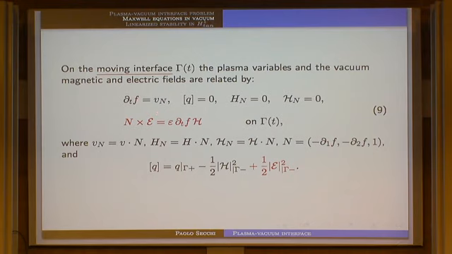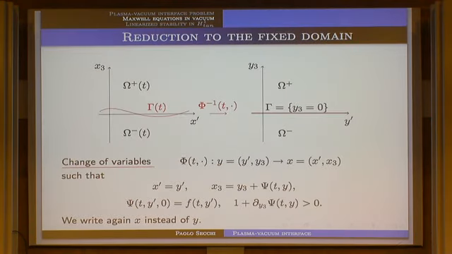The first one is the same: the front moves with the velocity of the plasma, continuity of total pressure, the two magnetic fields are tangent. And here we have to add two more boundary conditions for the electric field. And also we modified, in the terms in red, the continuity of the total pressure accordingly to the new equation.